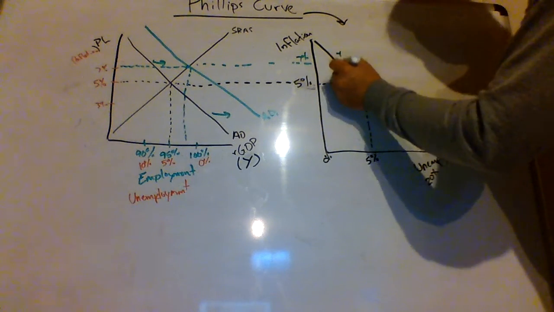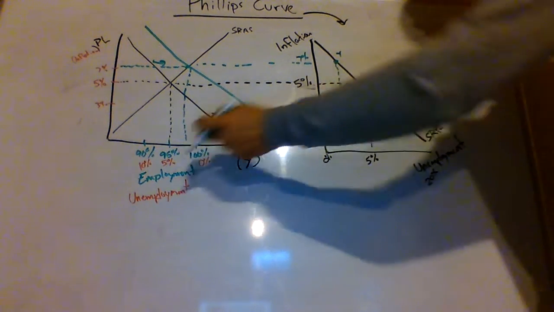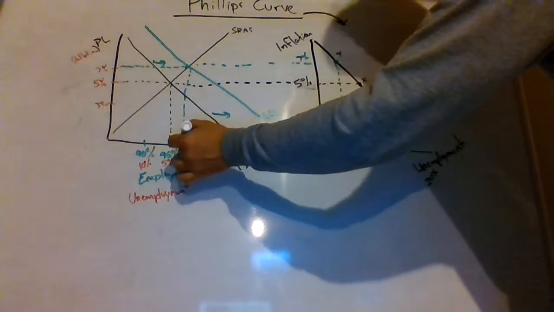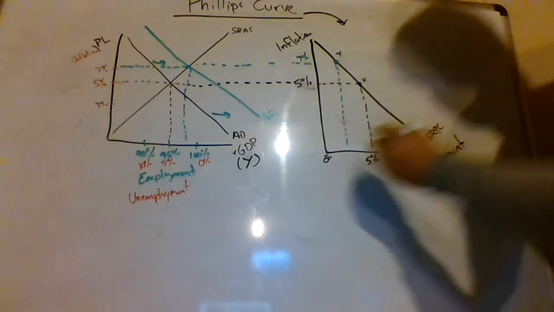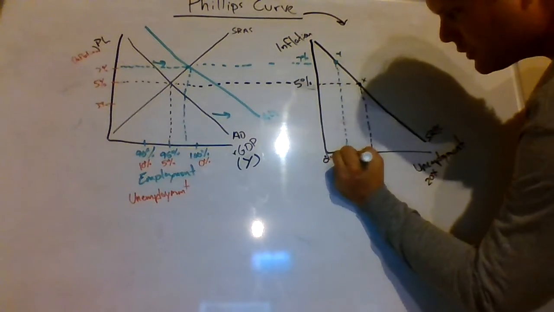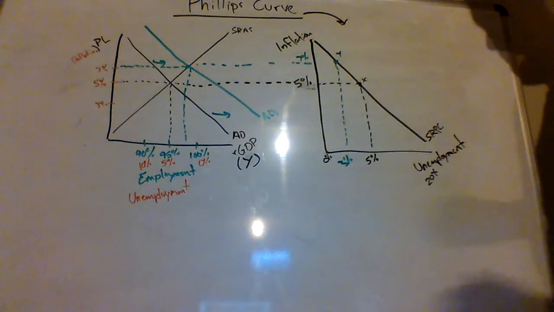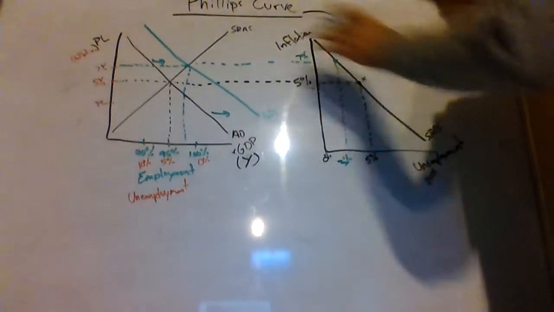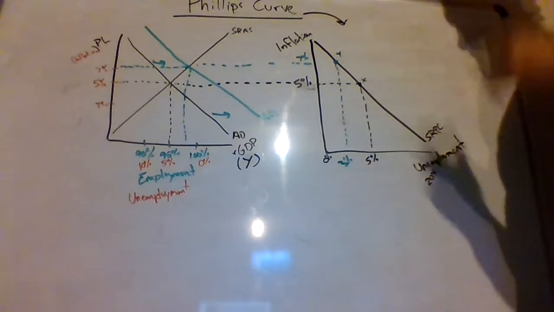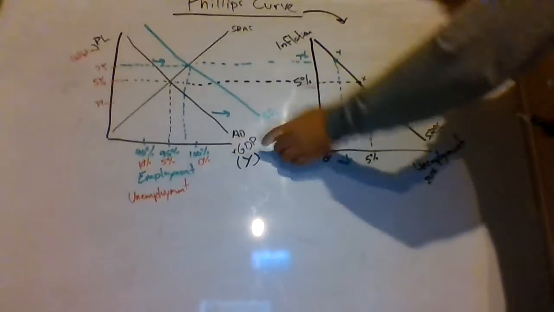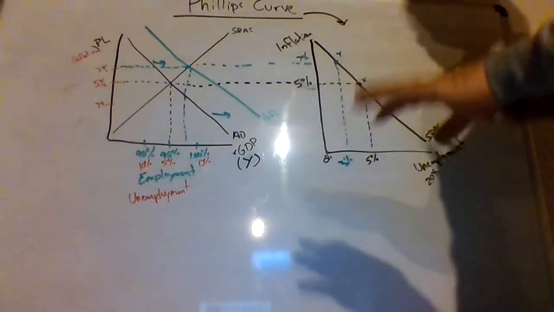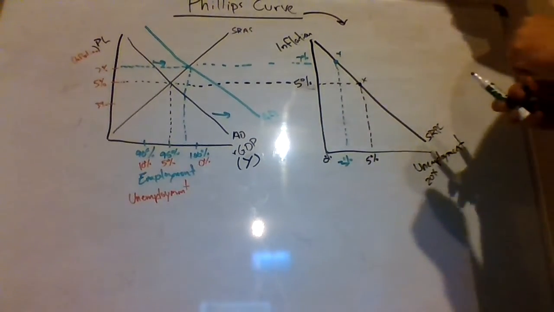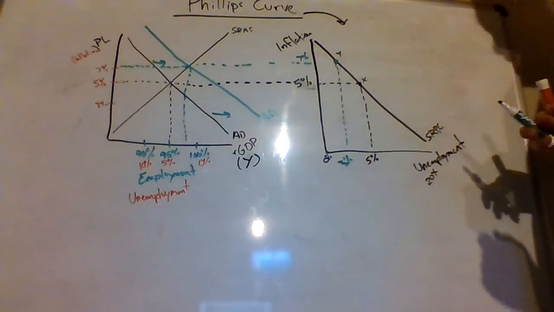And we're also going to see down here that our Phillips curve shows us that we get to this point right here. We're going to call it 3% unemployment. And so our Phillips curve is showing us the relationship between these two graphs, and kind of proving the point that if our output and unemployment are related to each other, then we can also draw this Phillips curve.